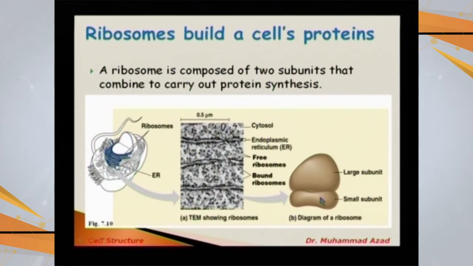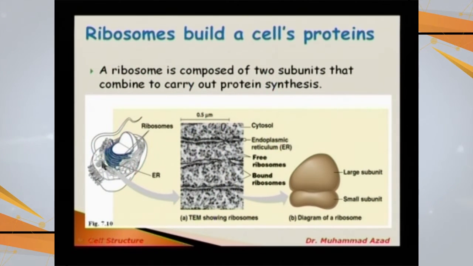A scientist named Svedberg used the sedimentation rate, and the large subunit sediments at 60 Svedberg units and the small at 40 Svedberg units, but in the combined form with magnesium ion, the whole dimer particle is isolated at 80 Svedberg units. That is why in the eukaryotic cell, ribosomes are of 80 S value. S value means Svedberg unit.